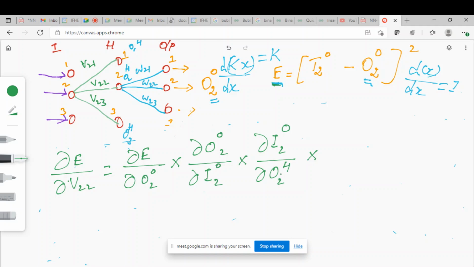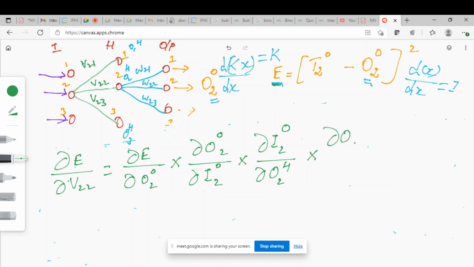Directly, it depends on what? Here you see, output of the output layer depends on the input of the output layer. Similarly, output of the hidden layer depends on the input of the hidden layer. So that differentiation will come here.